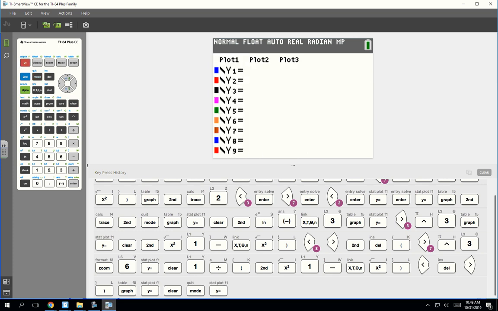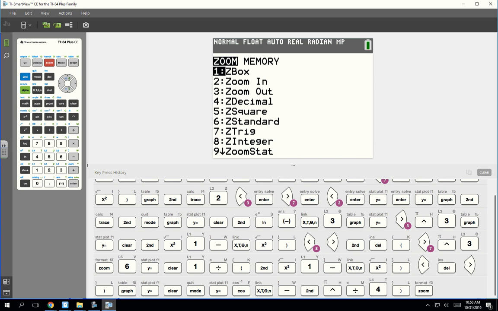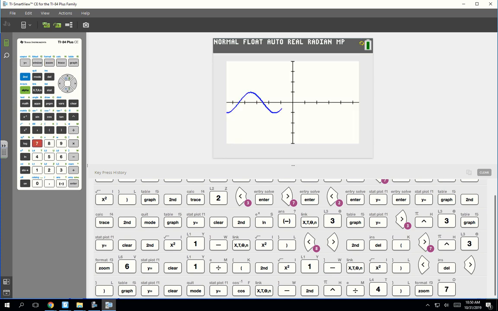Make sure you're in radian mode here. Cosine of x minus pi divided by 4. Zoom, ZTrig is number 7. So what was that other coordinate?